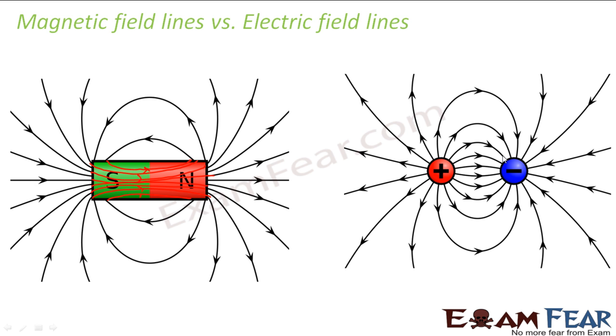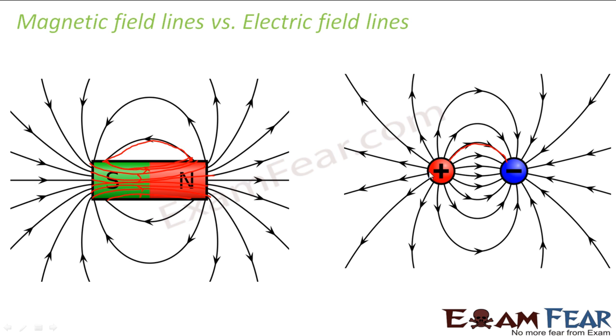So they do not form a closed loop, because here if you look at this first line, it is like north to south and then from south to north. So it is a closed continuous loop. But here if you see, it goes from positive to negative, but from negative it never comes back to positive. So there is no closed loop as such.